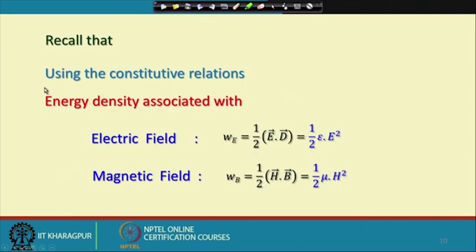Now, let us recall that using the constitutive relations, the energy density associated with the electric field is half E dot D, that is equal to half epsilon E square, and the energy density associated with the magnetic field is in the same way half H dot B, which is equal to half mu H square.